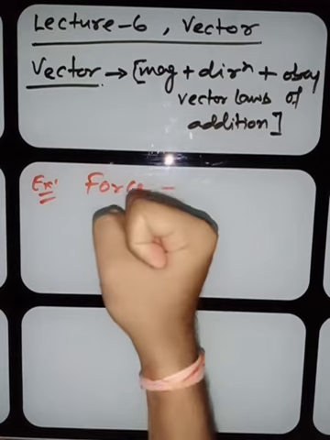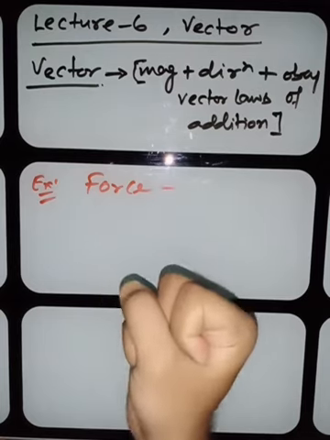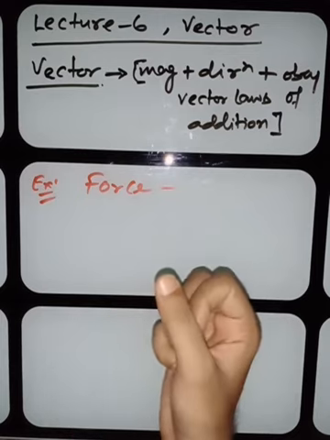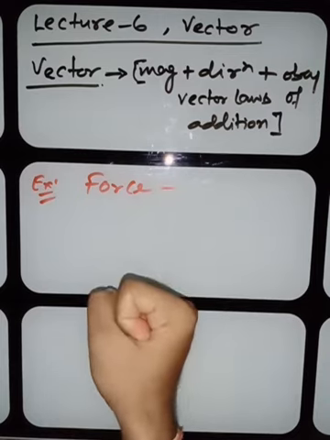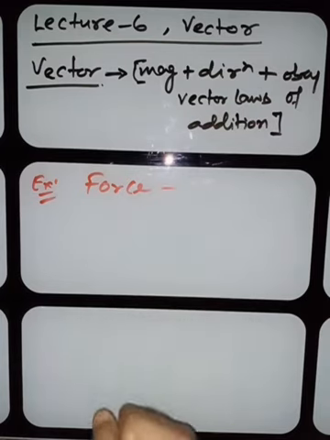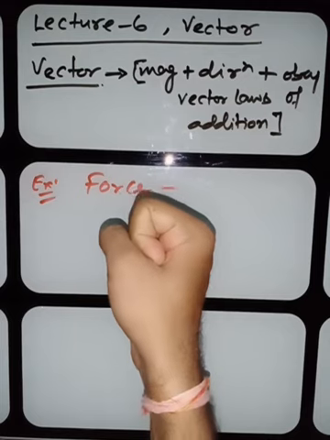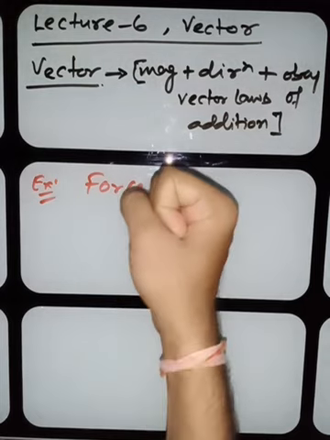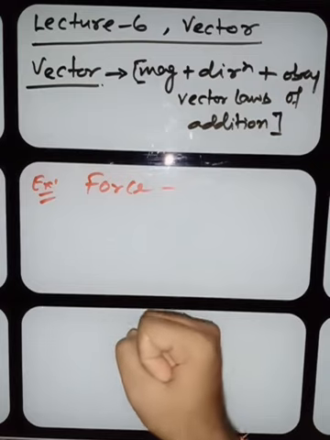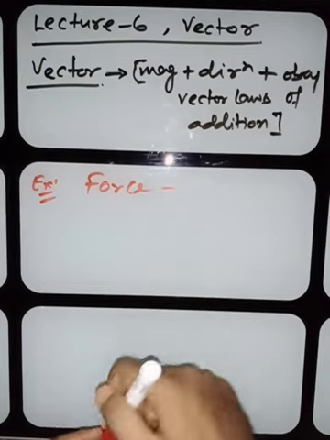Yes, I am punching you in this direction. It is not that I punched you and the force goes in a different direction. No, it has a specific direction. If I punched you with 100 Newton, or with 500 Newton, it must have a particular direction.